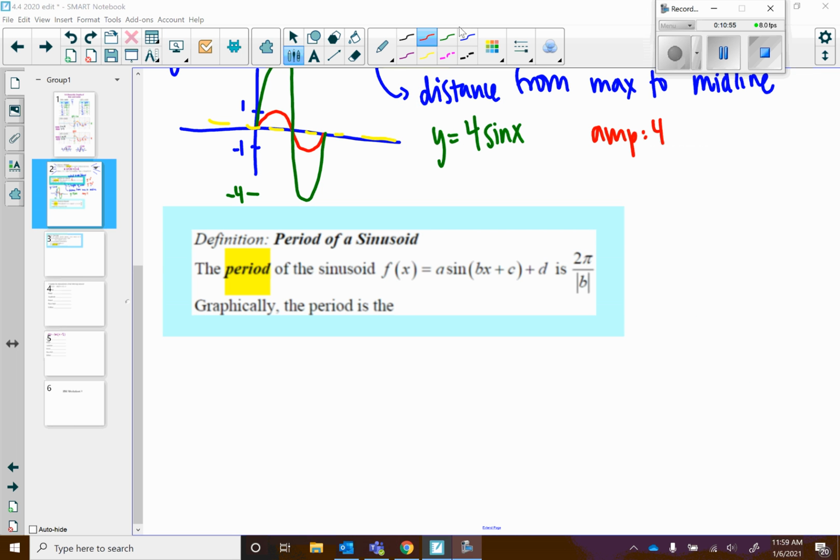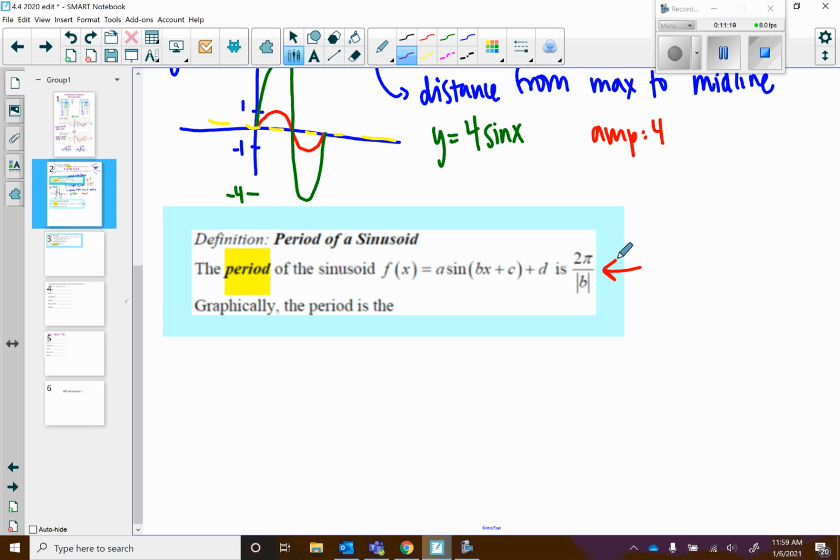The second thing we're going to talk about is the period of the sinusoid. I'm going to talk about first the definition, and then we'll look at what it is like here. If you think of your period, it is something that comes in cycles, right? It repeats after a certain number of times.